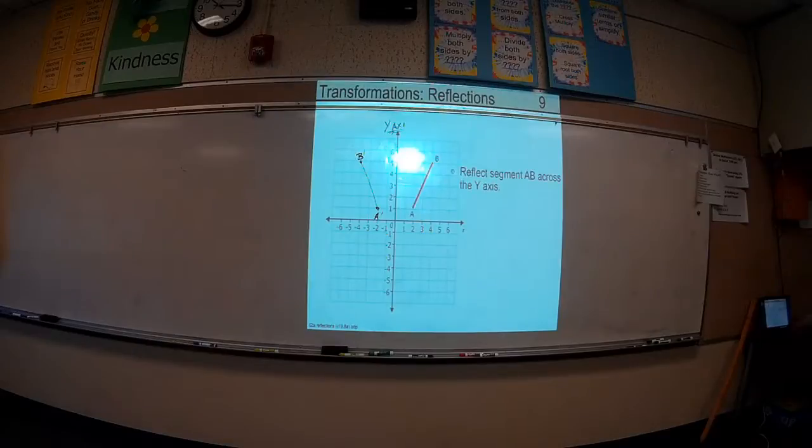Next one is going to be a triangle. Can you draw that triangle into coordinate system number 3?